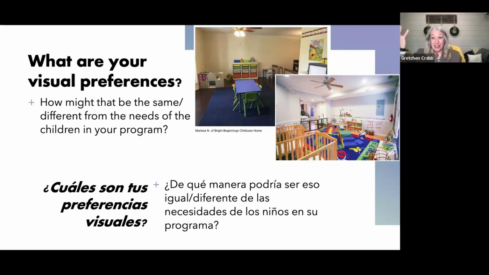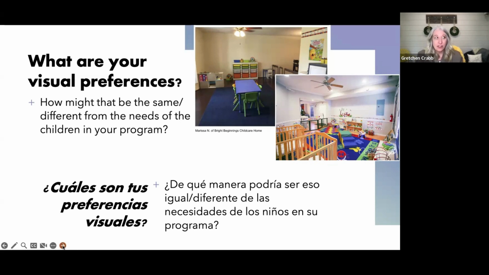And somebody else might be drawn to the intensity. I think it's really important to take some time and think about what's visually important for you, because that is what helps us figure out how your visual processing may be the same or different than some of the needs and preferences of some of the children in your program.